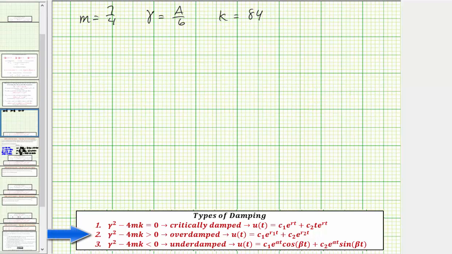Again, because we want the system to be overdamped, we'd have the inequality gamma squared, which would be the square of A divided by 6, minus 4 times m times k, so times 7/4 times 84, greater than 0.